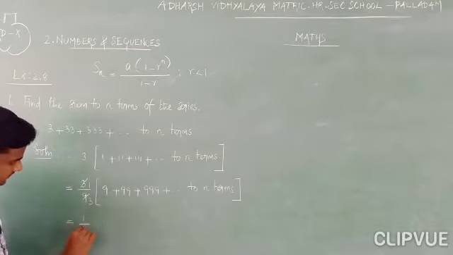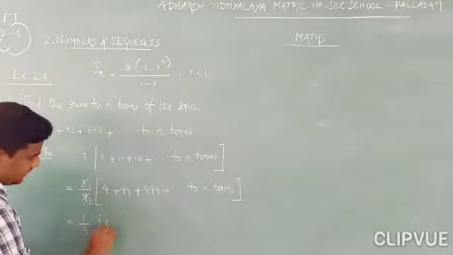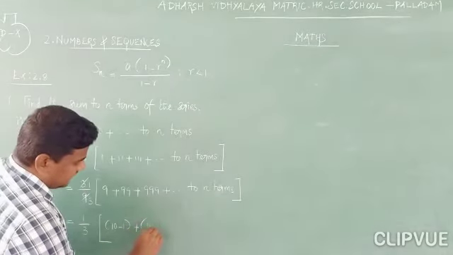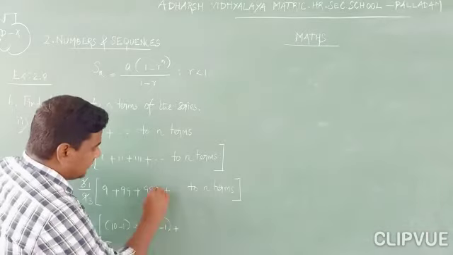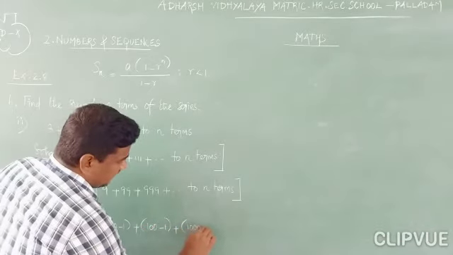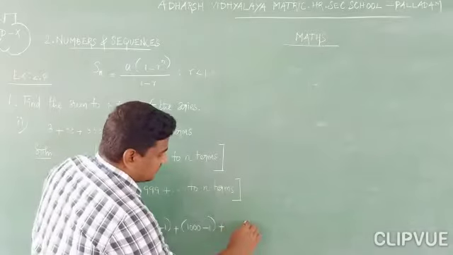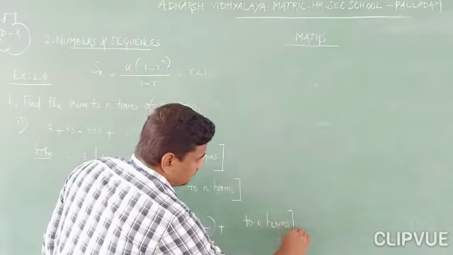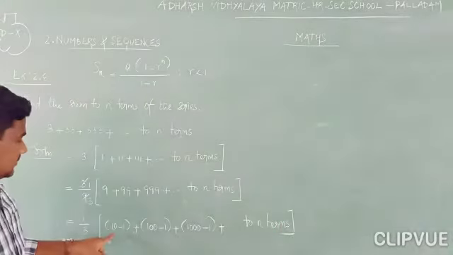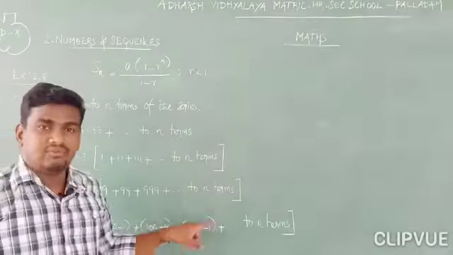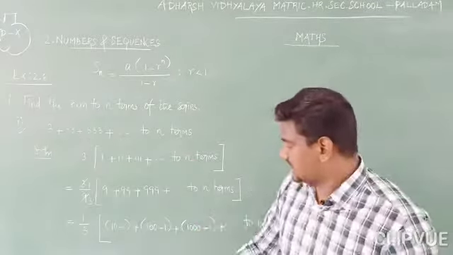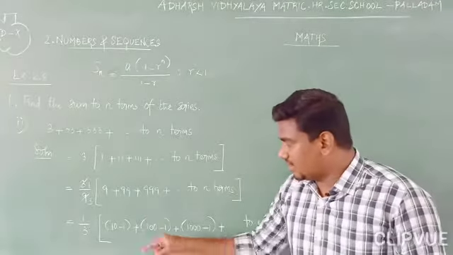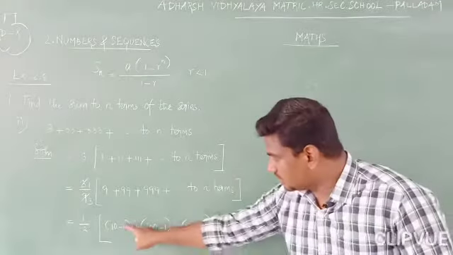So now 3 by 9 we can simplify to 1 by 3. So this 9 can be written as 10 minus 1, plus this 99 can be written as 100 minus 1, and this one can be written as 1000 minus 1, plus and so on to n terms. Okay. So now this 10, 100, 1000 will form a geometric progression, because their common ratios must be the same.